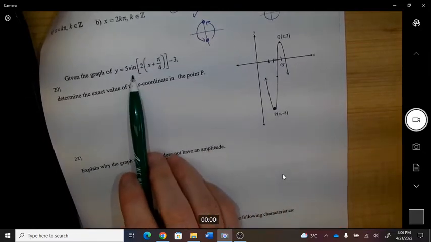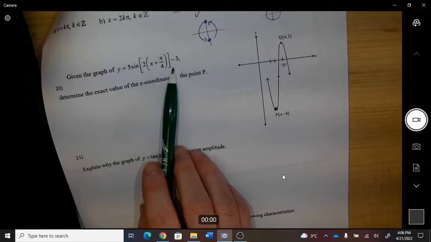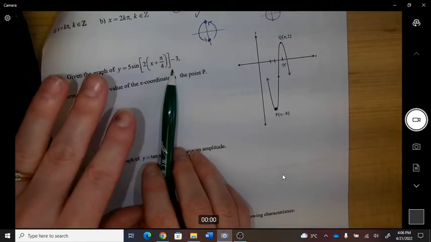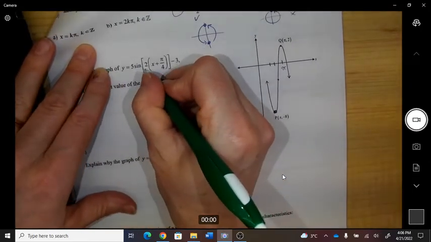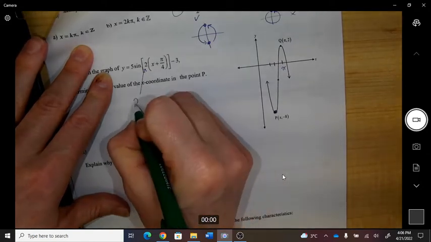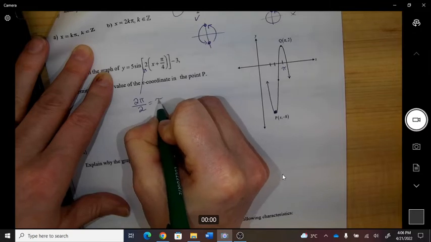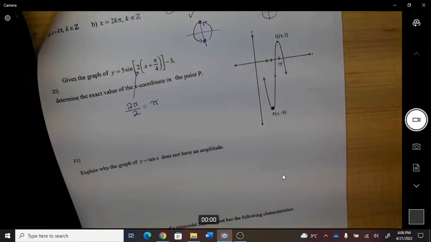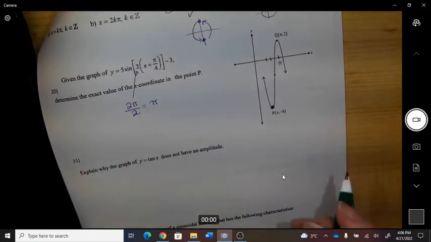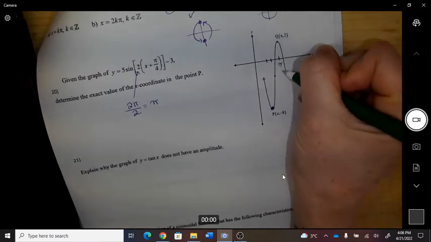Oh, here we go. So our equation is this, and our 2 is the b value. So 2 pi over 2 equals a period of pi. Okay, so does this make sense?